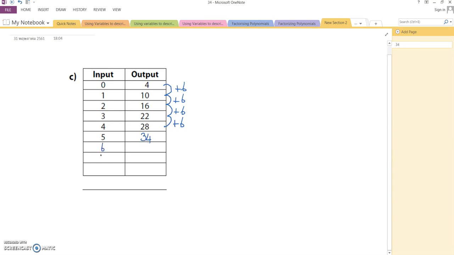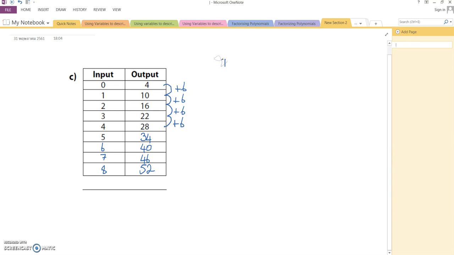We have 6, 7, 8. Next, let's fill out the output. 34 plus 6, 40. 40 plus 6, 46. 46 plus 6, 52. So again, if this is added by 6, it is getting multiplied with the input.